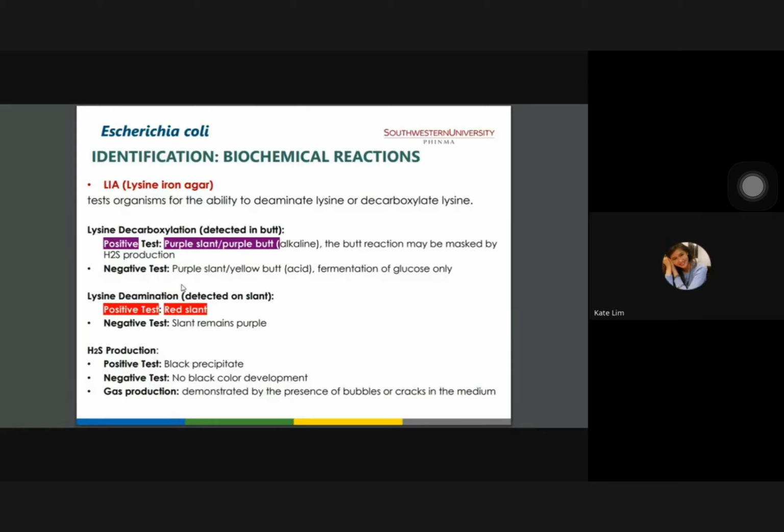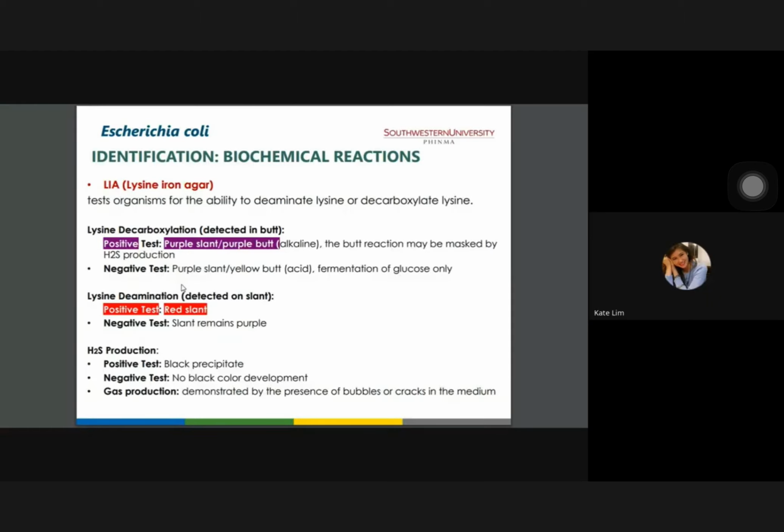So, technically, what we should remember in LIA is that in TSI, if there's fermentation, there's acidity; in your LIA, alkalinity, alkaline. Okay? So, for your lysine deamination, where do we observe? In the slant.